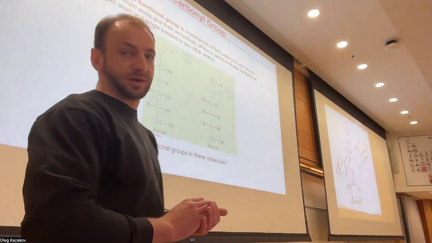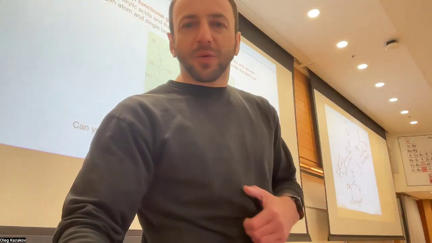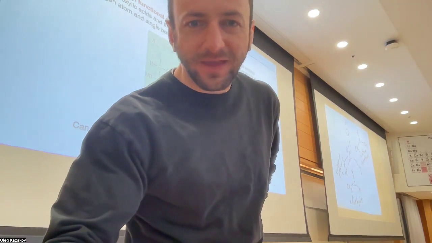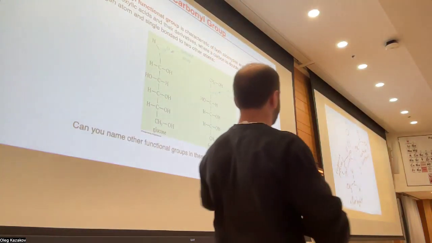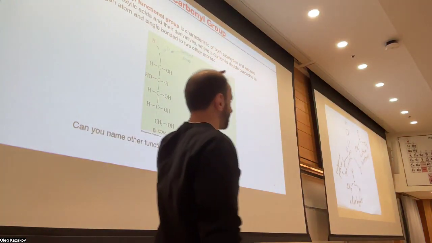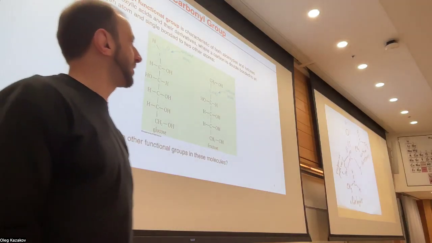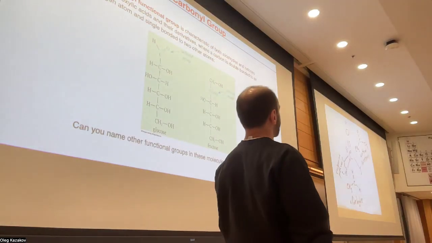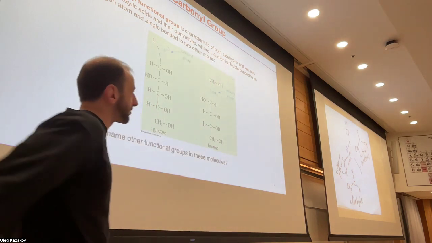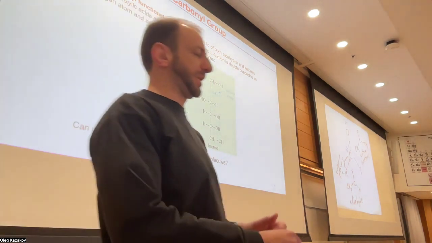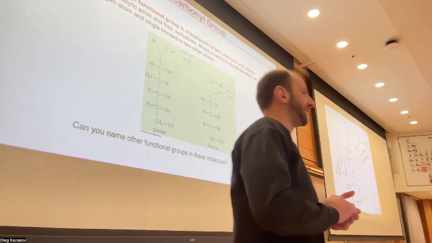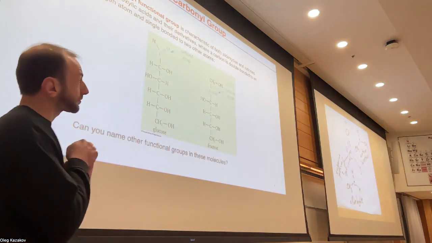By it we mean this most recent question, the blue partial charges. What's wrong here? You have delta minus on the carbon and delta plus on the oxygen. Let's see if we can catch this error and then rectify it.